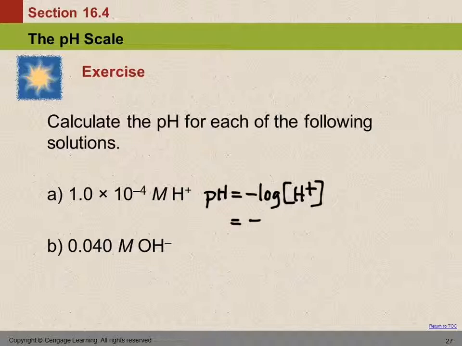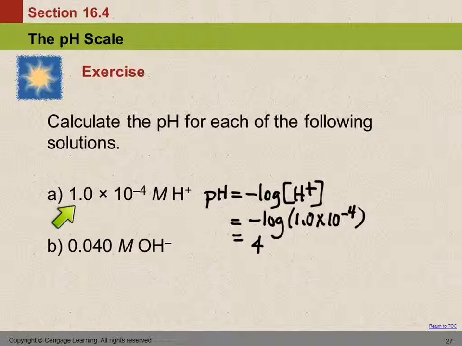But also do it on your calculator. So 1 times 10 to the minus 4, and you have to enter that scientific notation number in a way that your calculator understands that it's a single number. Then change the sign and your calculator will show you 4.